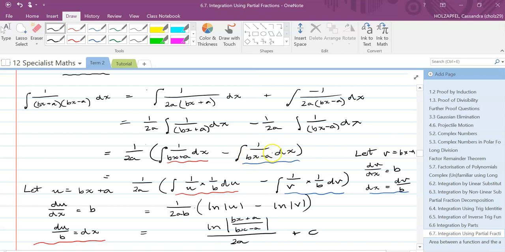And then I've gone ahead and done integration using substitution. I've substituted in u for bx + a, and I've substituted in v for bx − a. And then I've just done that integration and rearranged that using my log laws.